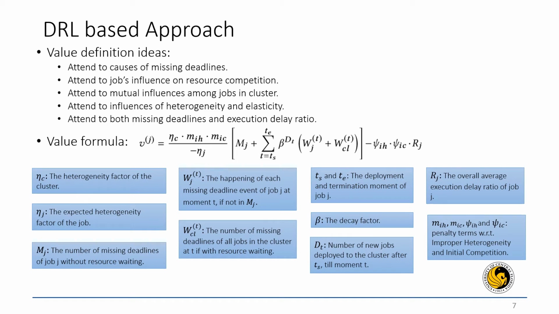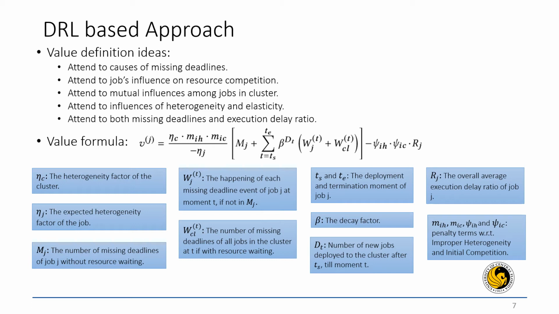We now provide some brief interpretation for the value definition. Firstly, both missing deadlines and execution delay ratio are considered in the definition. Second, missing deadlines of other jobs may affect this action value, so mutual influence is attended. Third, missing deadlines with resource weighting at their execution beginning are decayed over the number of newly arrived jobs after the action, in order to distinguish the influence of different jobs on resource computation.